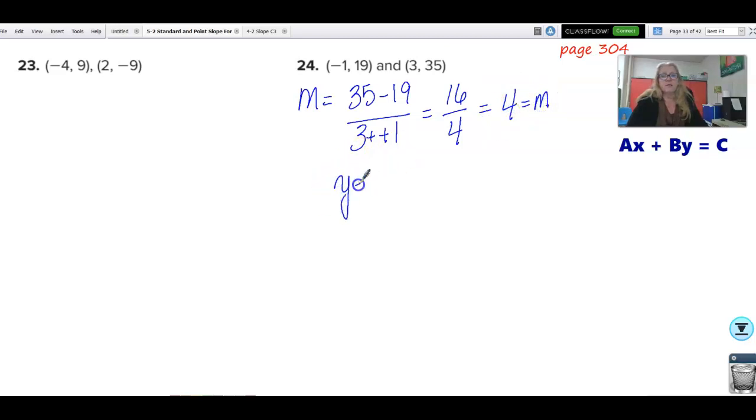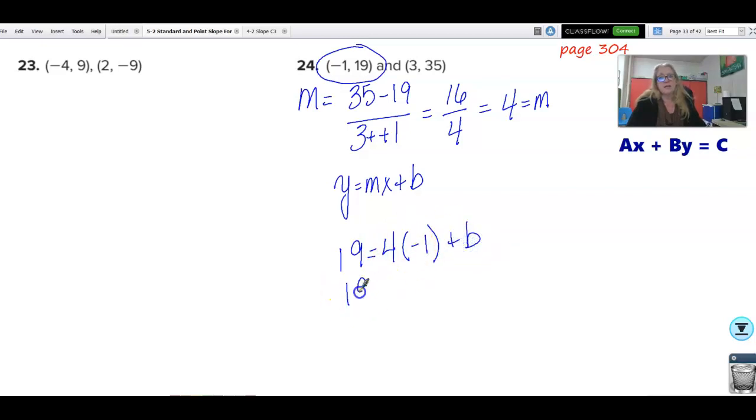So using y equals mx plus b, let's substitute. Let's use the smaller point. 19 equals, m is 4, x is negative 1, and we want to find b. 19 equals negative 4 plus b. Add 4 to both sides, and we get 23 is b.